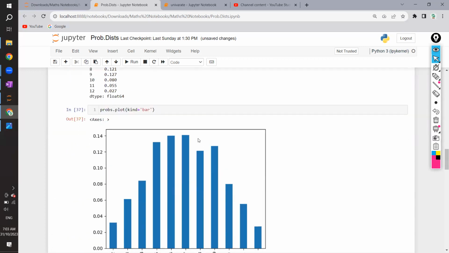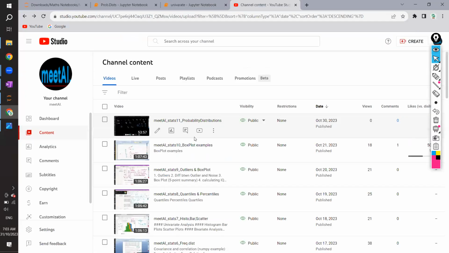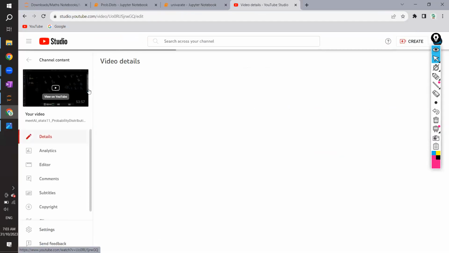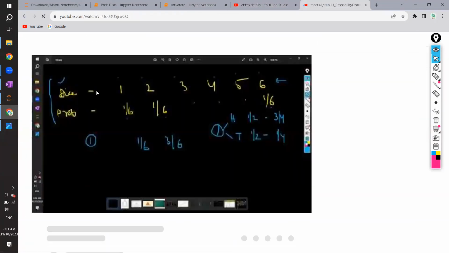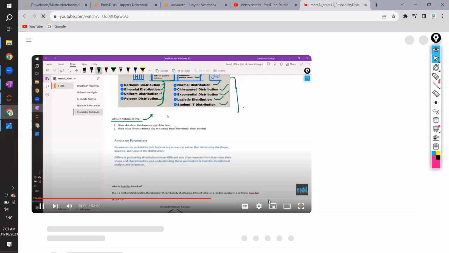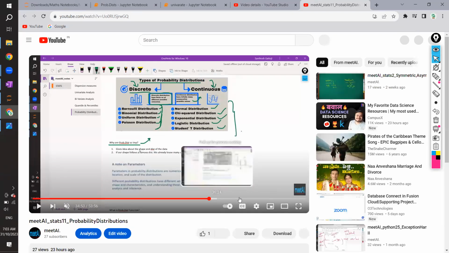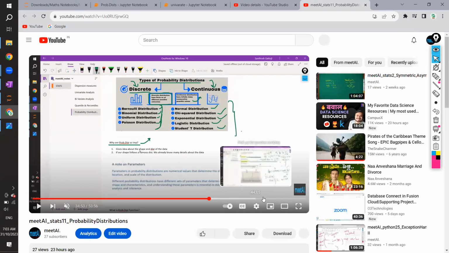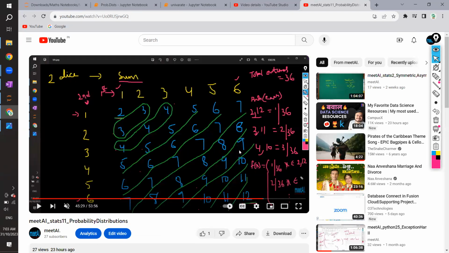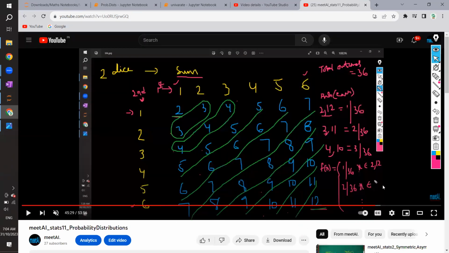Now see, in yesterday's example, first of all it gives an idea. Somewhere I have drawn it, yeah, over here. See, 2 and 12 are having 1 by 36 probability. 3 and 11 are having 2 by 36 probability.